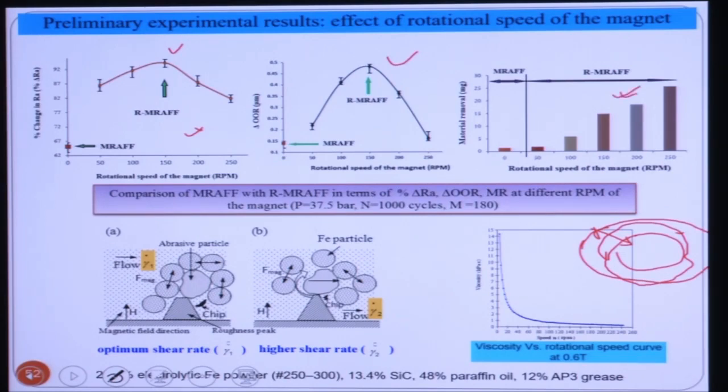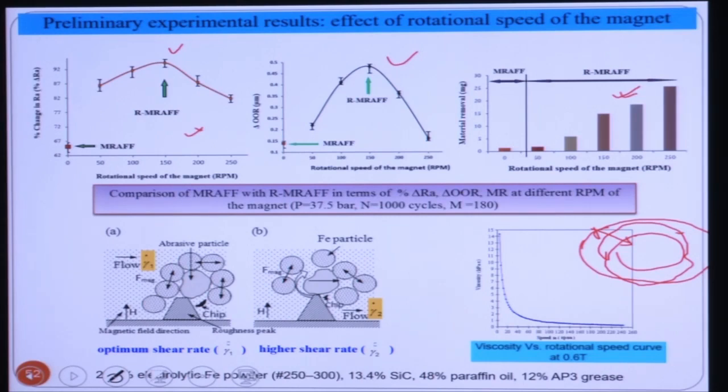So at optimum shear rate, what happens? These surface peaks are easily removed. With the increase in the RPM, the shear rate of the fluid also increases. When the shear rate of the fluid is beyond the optimum shear rate, the chain structures are deformed. So these chains have less force in between the CIP particles.